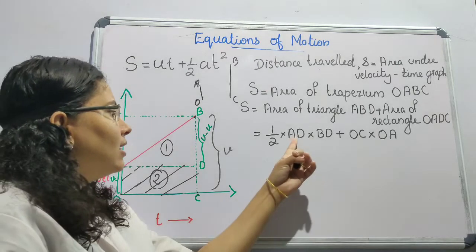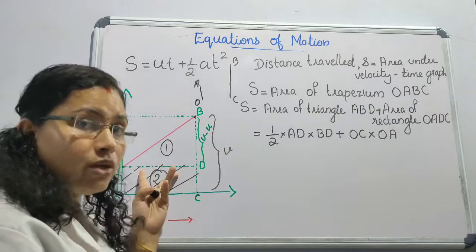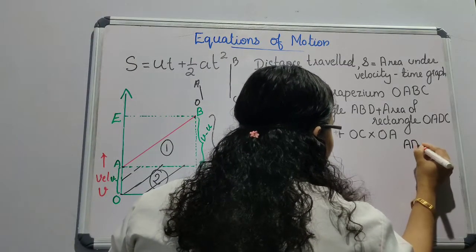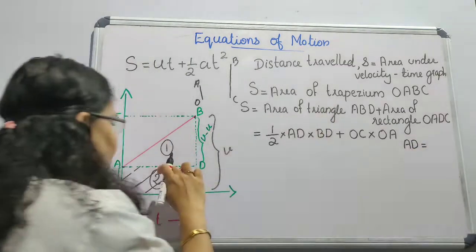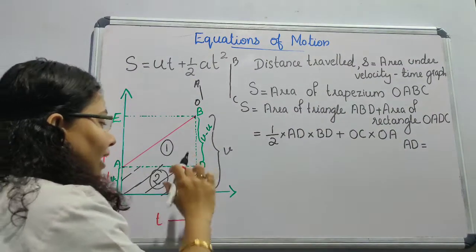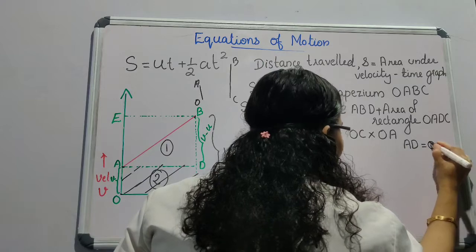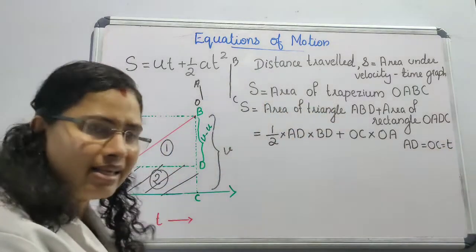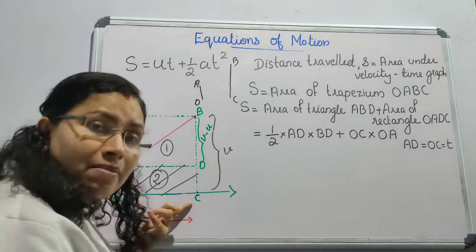In the last equation we also proved that, since it is a rectangle and opposite sides are equal, AD is equal to OC is equal to T, the time taken.